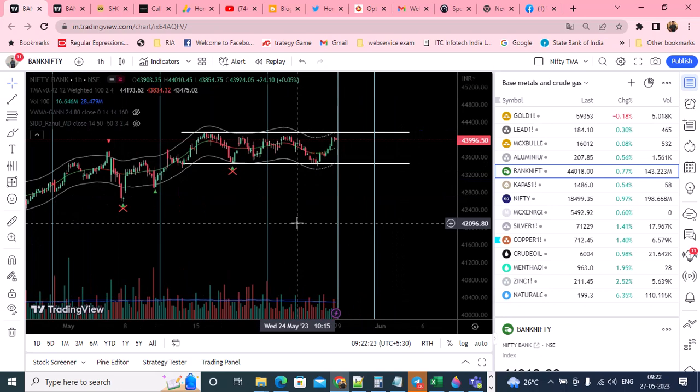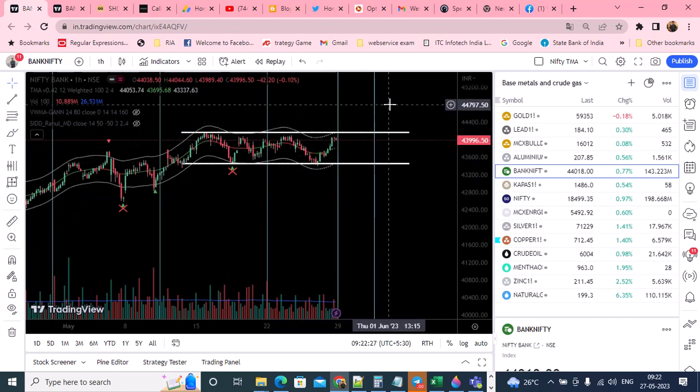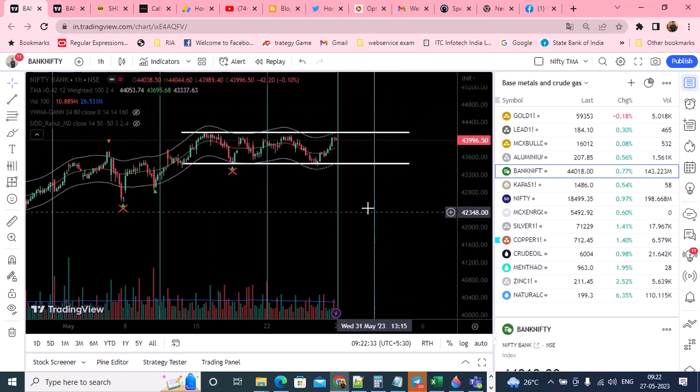If it breaks upward, then the tunnel will take an upward direction. If it breaks downside, then the tunnel will take a new downward direction. Okay, and here the coincidence of the hourly and daily high cycle that I drew initially is also getting better.